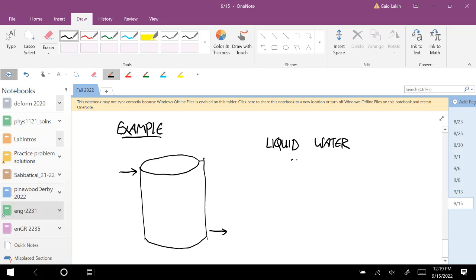And the whole thing, there's no changes in temperature or anything, 20 degrees Celsius, 1 atmosphere of pressure. So we know that the density of water is 1,000 kilograms per meter cubed. The specific volume is 1 times 10 to the minus third meters cubed per kilogram.